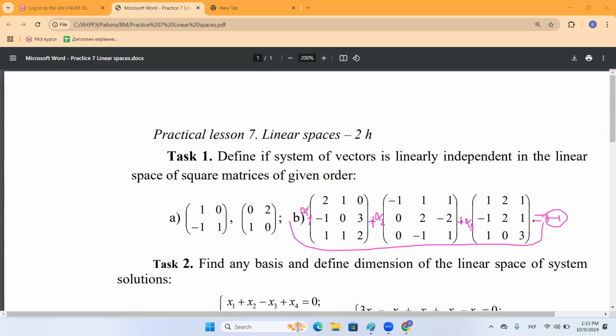This sum must be equal to the zero matrix only if all of alpha 1, alpha 2, alpha 3 are zero, and that means the system is linearly independent.